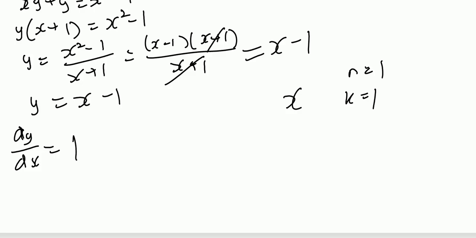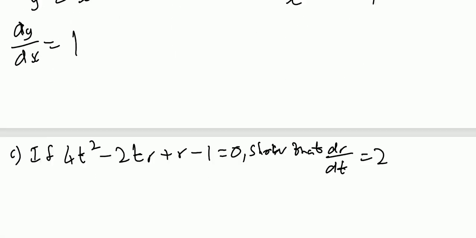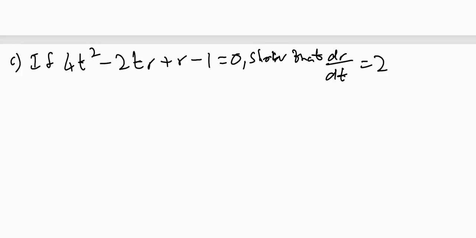That means we are going to have 1. But then we know that the derivative of a constant, which is 1, is 0. That means it's minus 0 here, which is the same as 0. So there's no need for you to write minus 0. Then you are done. That means the derivative dy dx of that equation is 1. Then we go to the next question.